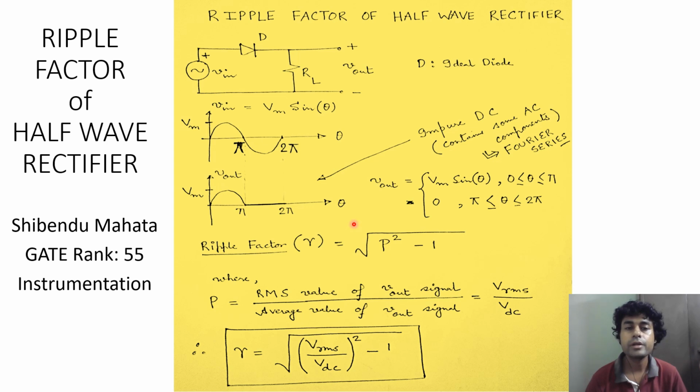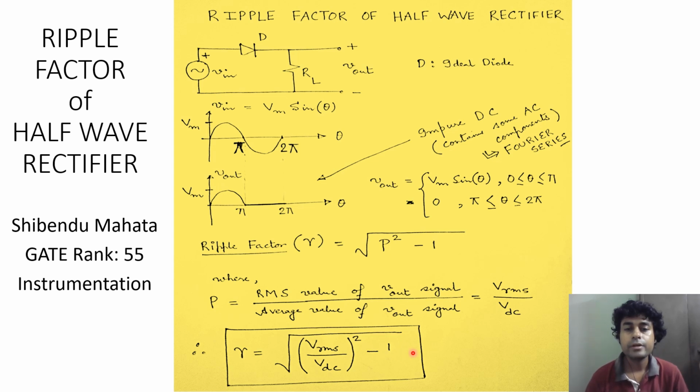The RMS component is in terms of the AC value, whereas the average value will talk about the DC value for this waveform. So this leads us to the idea of ripple factor, and ripple factor is simply, formulation wise, equal to the square root of (Vrms by Vdc) whole square minus 1.